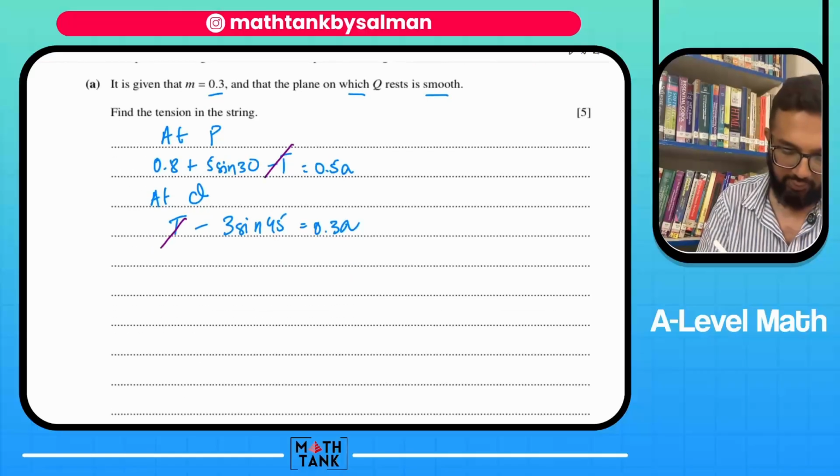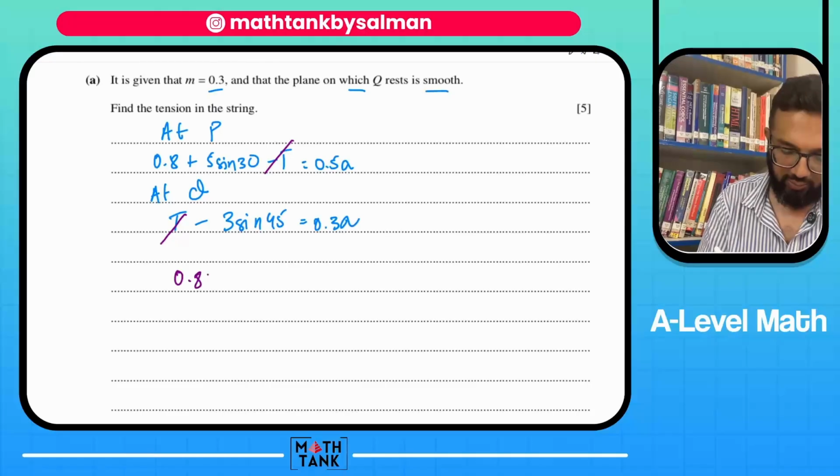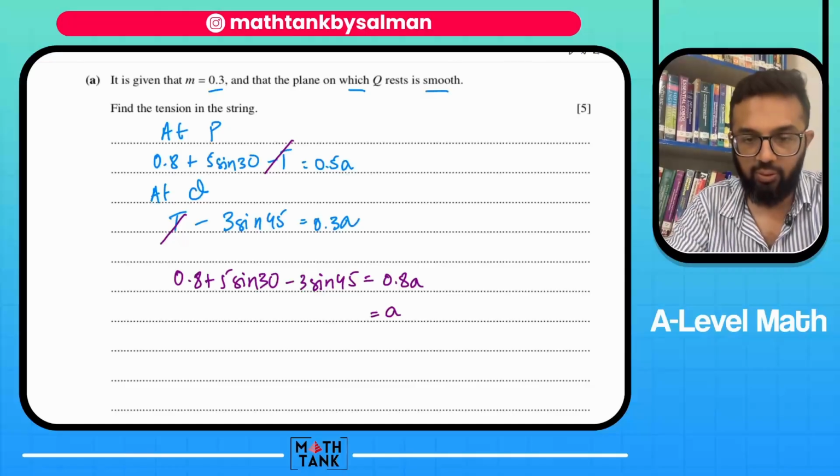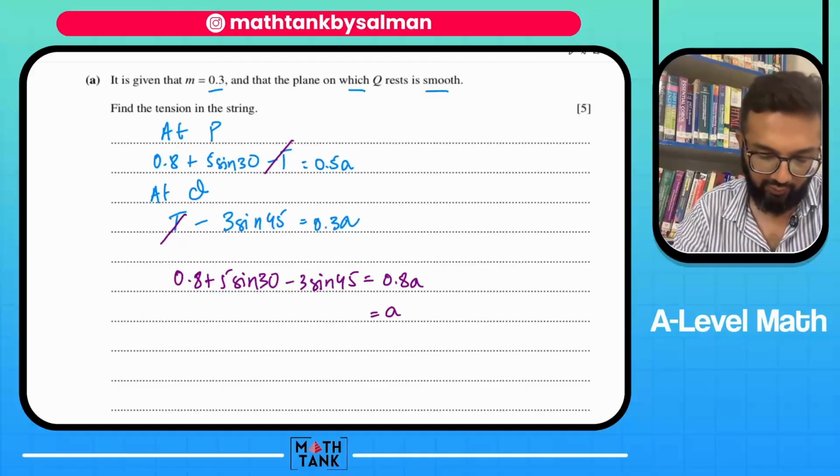Cancel this out. 0.8 plus 5 sin 30 minus 3 sin 45 equals 0.8a. एक्सेलरेशन आ जाएगी मेरे पास, तो उससे मैं टेंशन निकालूंगा. 0.8 plus 5 sin 30 minus 3 sin 45.